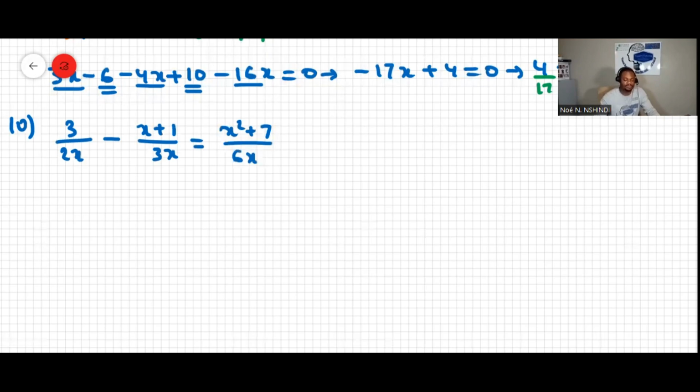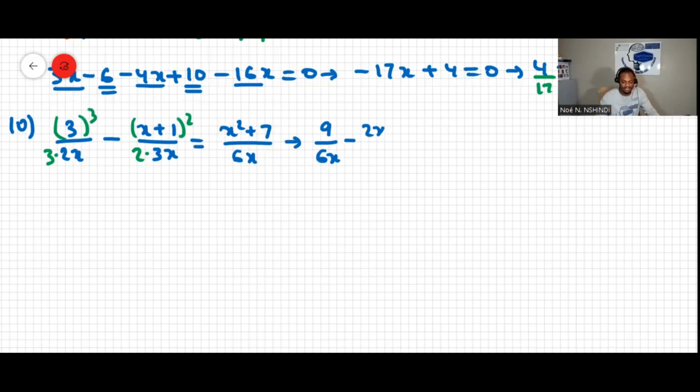Now, we need a common denominator, which is 6x, the LCM. So we times here by 3, and there we times by 2. So if we times by 3, we times by 3, and then we times by 2 there, and this will be 9 over 6x minus 2.